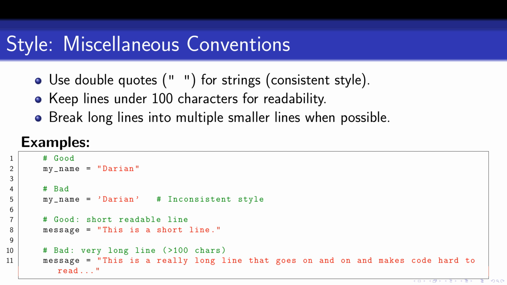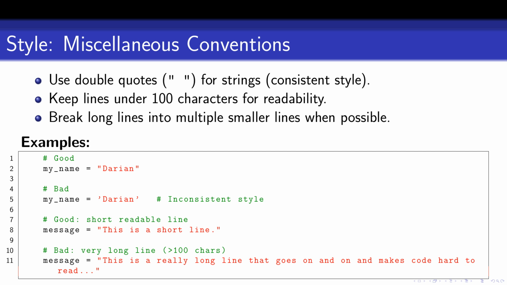In addition to naming and whitespace, there are some miscellaneous conventions that further improve readability. For consistency, double quotes are generally preferred for string literals, although Python accepts both single and double. Keeping your lines under 100 characters makes the code easier to view across different editors and screen sizes. If a line of code is too long, break it into smaller parts rather than forcing it all onto one line.